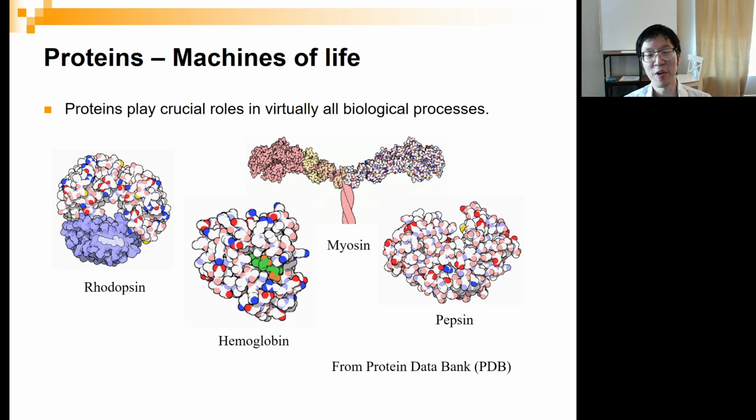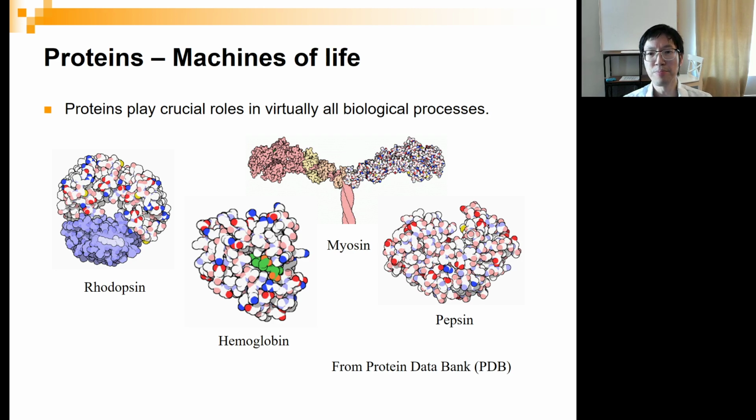Even if we're not consciously thinking about it, these proteins are doing their jobs in our bodies and keeping us going. The other thing I want to point out is they all have very distinct shapes, as you can see in these pictures. These shapes, or what I will call their 3-dimensional or 3D structures, are very much associated with how they're able to carry out their functions.